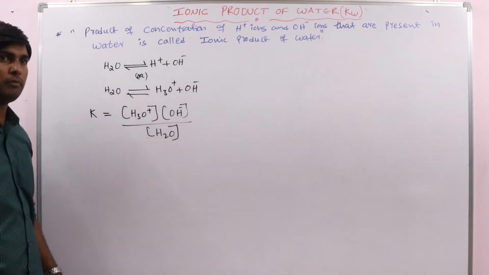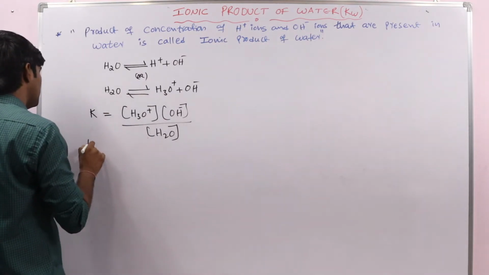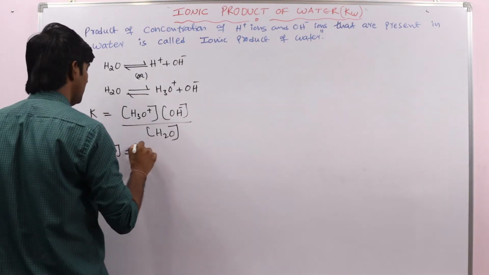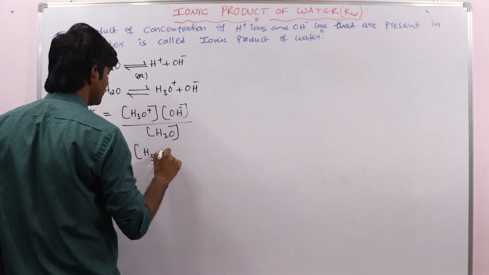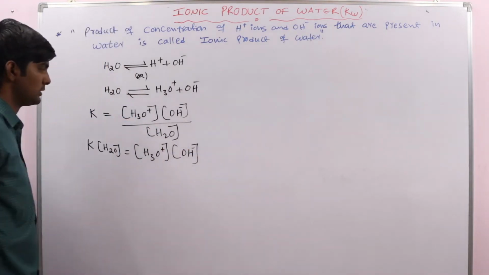If you take this to the other side, we get K into the concentration of water is equal to the concentration of H3O plus into the concentration of OH minus.